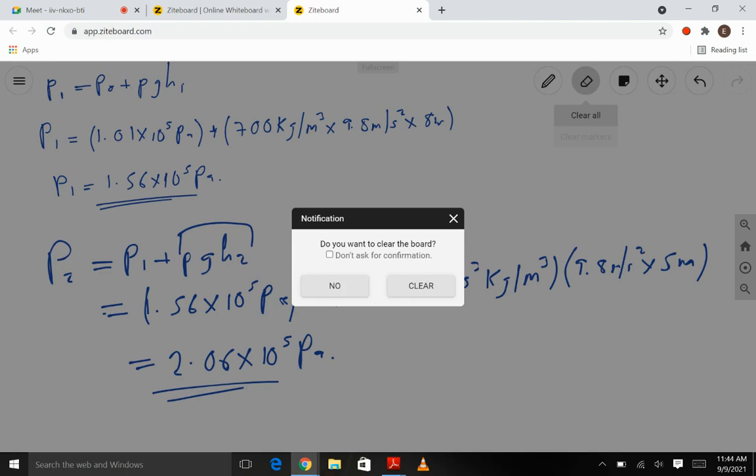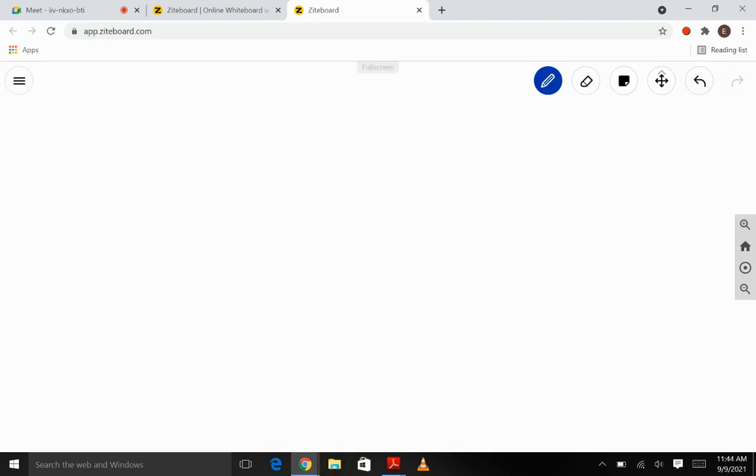Okay, so maybe let me just explain why I'm saying you're going to have that particular ratio. So what's going to happen now? We know that the pressure on each of the pistons is going to be the same. So the pressure is going to be conserved.